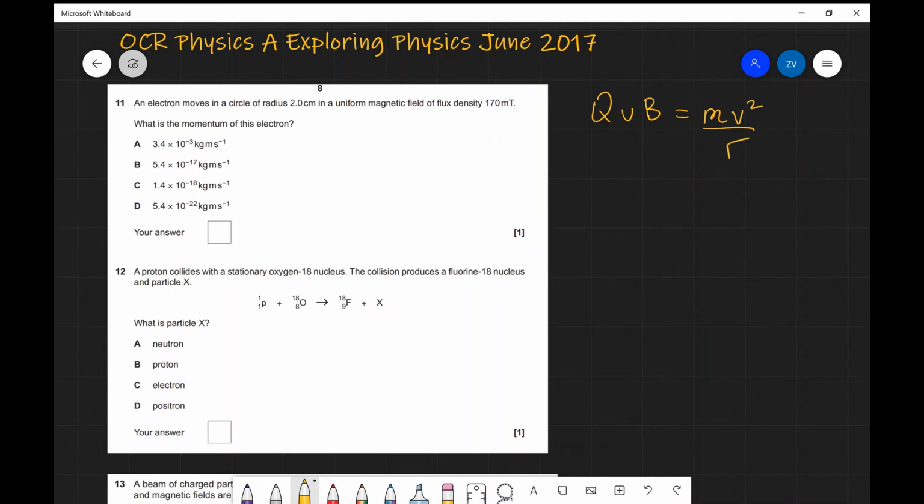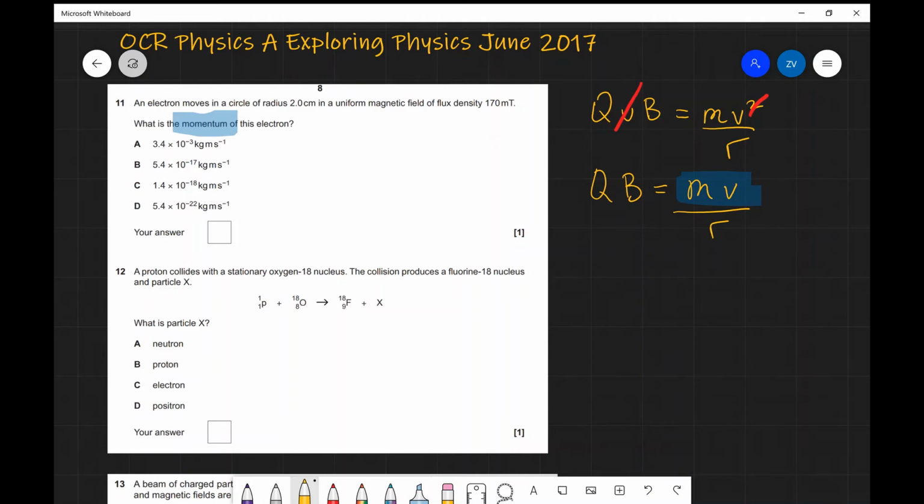We can immediately cancel the v's, and what we get is that QB is going to equal mv over r. Now we're looking for the momentum of this electron, so rather than finding the speed and then multiplying it by the mass, we notice that because momentum is equal to mv, we can just rearrange for m times v.